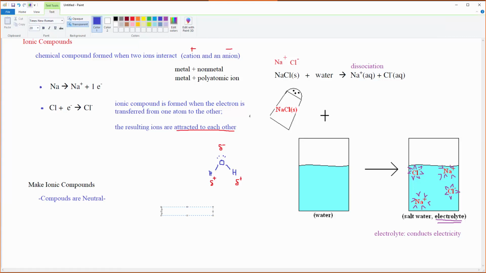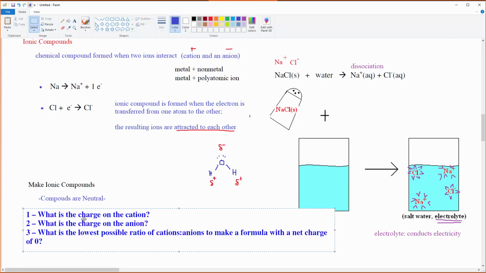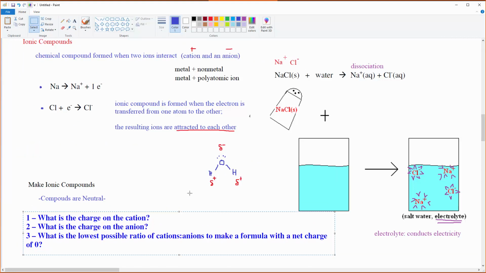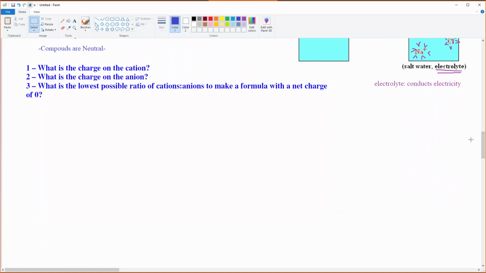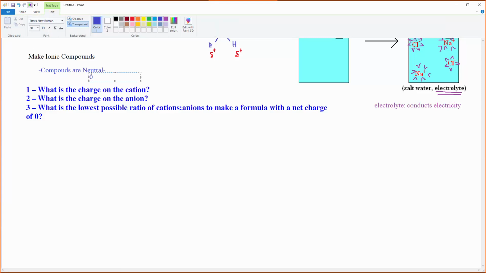So what I have to do then is look at, when I put a cation and an anion together, what is the charge on the cation? What is the charge on the anion? And then what is the lowest possible ratio of cations to anions to make a formula that has a net charge of 0? Because neutral means I have a net charge of 0.